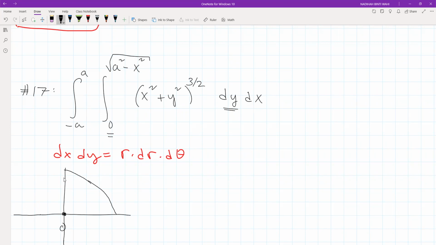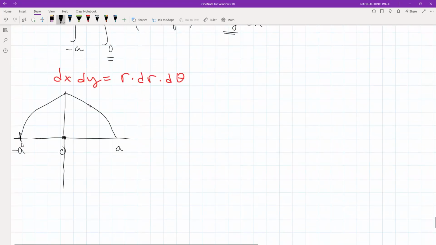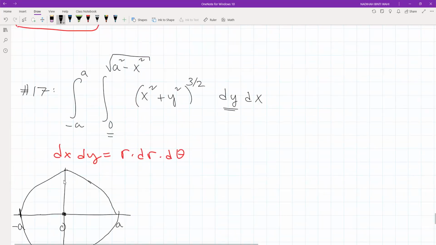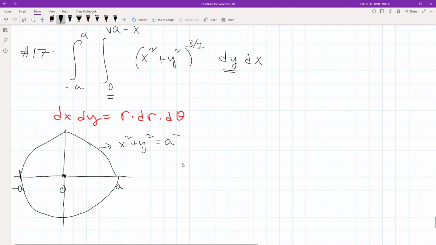Okay, let's look at the original region. Okay, dx starts from minus a to a, and then you have a circle like this, not pretty. So the circle is just x squared plus y squared equals a squared. Okay, but let's look at which part, is it above or below.